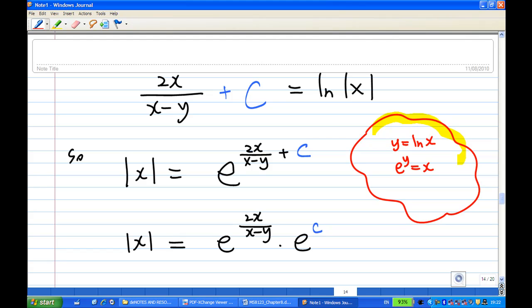What I do is convert the log form to exponential form, so I get rid of the log now.